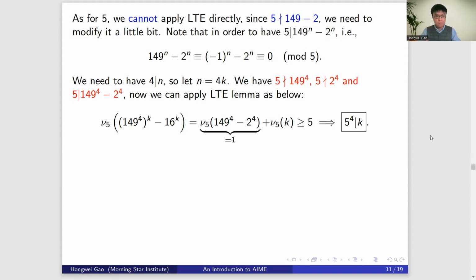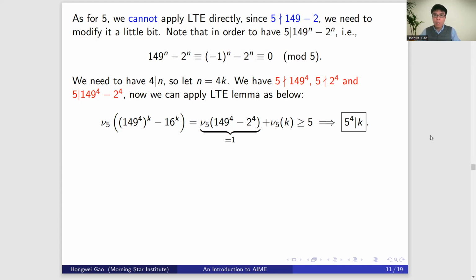The highest power of 5 in this number is equal to the highest power of 5 in 149 to the 4th power minus 2 to the 4th power, here it is 1, plus the highest power of 5 in the new exponent k. It should be at least 5, as required in the problem. So the conclusion is that the highest power of 5 in k should be at least 4. That is, k is divisible by 5 to the 4th power.